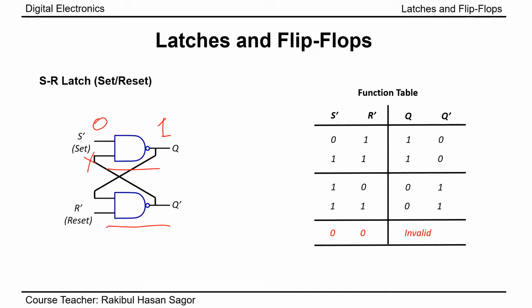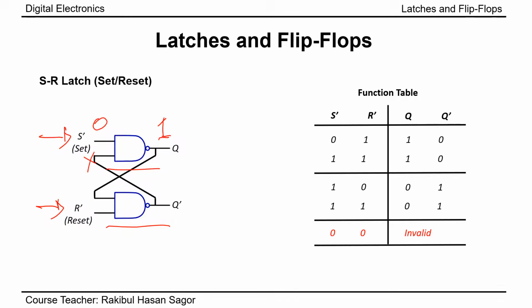So whenever one of the inputs of a NAND gate is 0, the output will be 1. Utilizing these characteristics, we can explain the operating principle of this SR latch as I explained in the previous case. Here, to have similarity with the previous case, the set is defined by S prime and reset is defined by R prime.